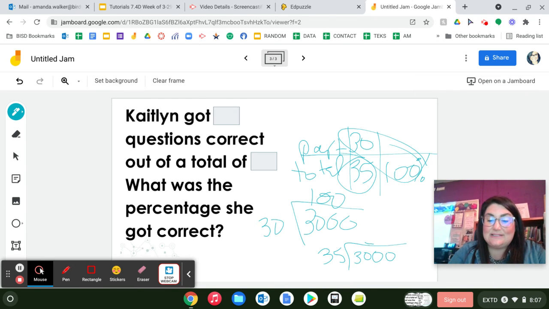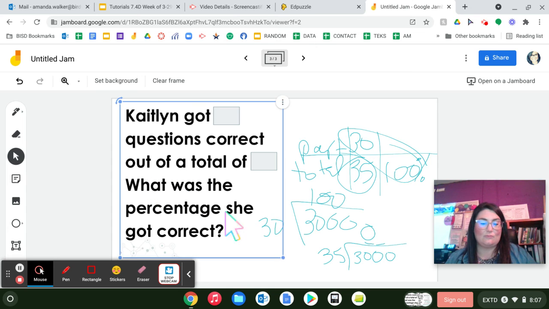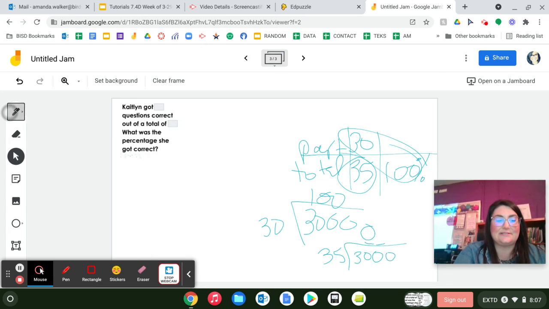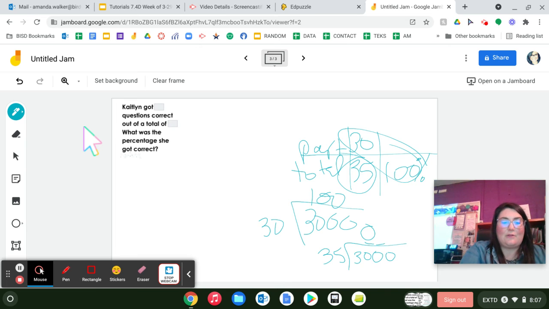35 goes into 30 0 times. 35 goes into 300. I'm not sure. So here's a strategy that you can use when you're dividing. You can make a multiples list. 35, 70, 105, 140, 175, 210.